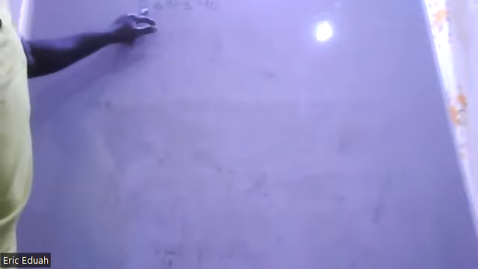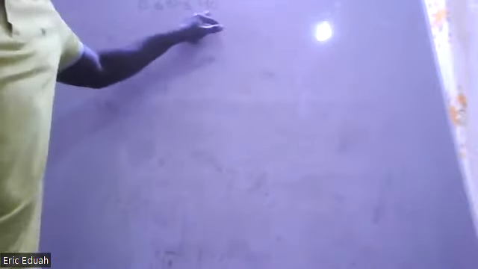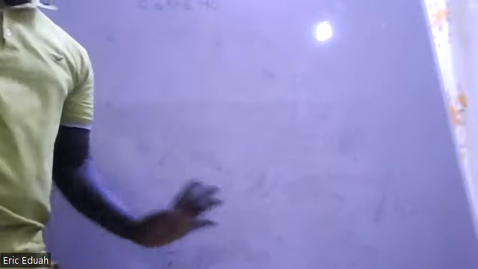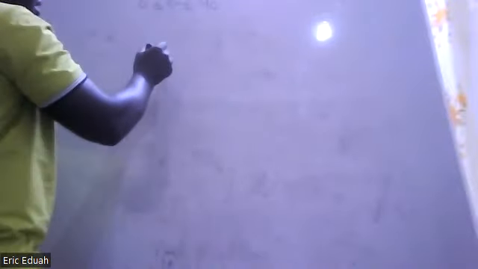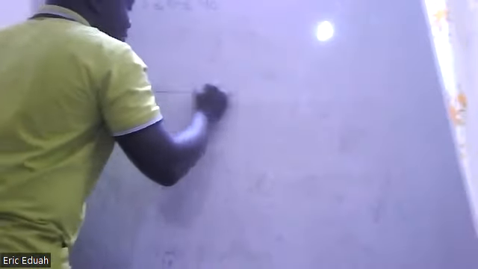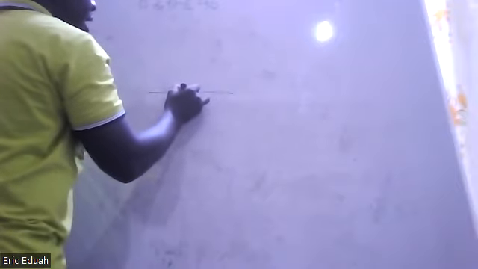An acute angle is an angle that is greater than 0 but less than 90 degrees. So theta is between 0 and 90. Are we fine? Okay, so if theta lies between 0 and 90, then we have two forces, F1.